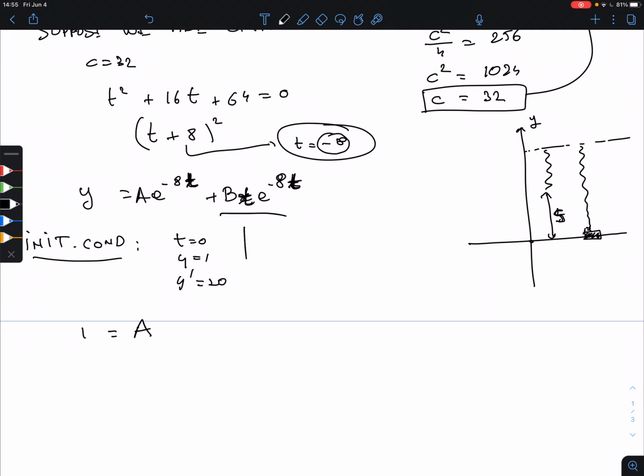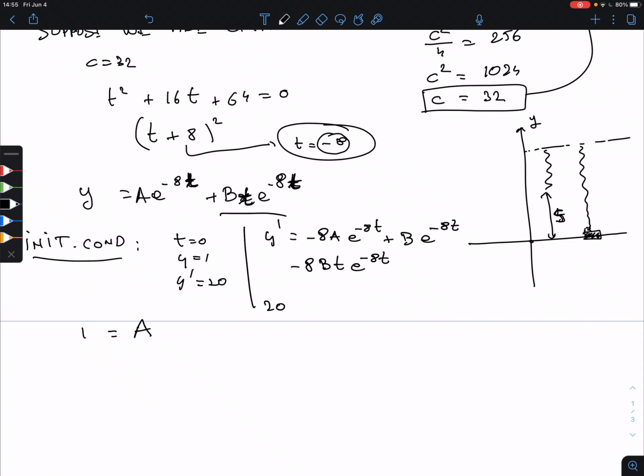Now I have to take the derivative, so y prime is minus 8a e to the minus 8t. Now this is product rule, plus b e to the minus 8t minus 8b t e to the minus 8t. Derivative of the exponential and copy the t. Okay, plug in 0, so this will be 20.